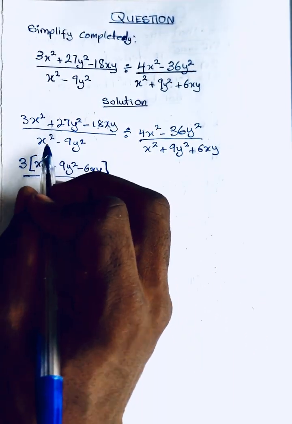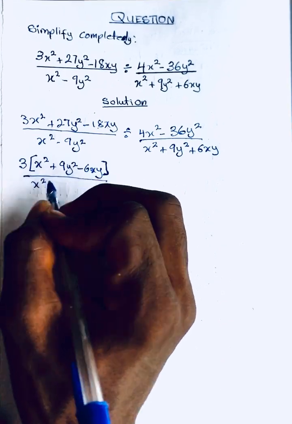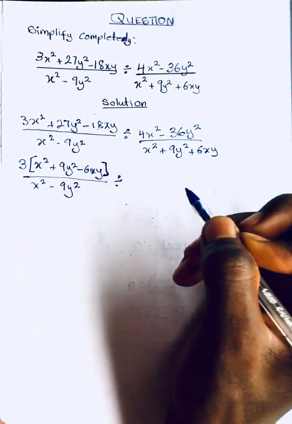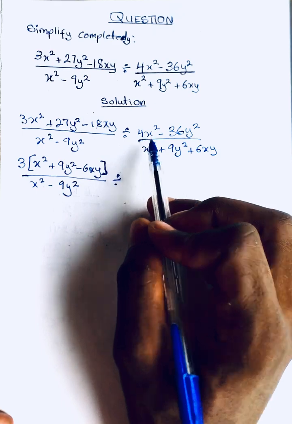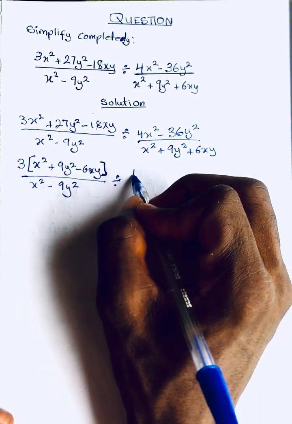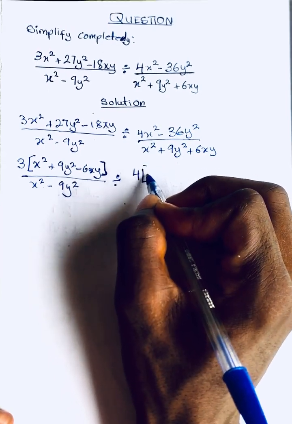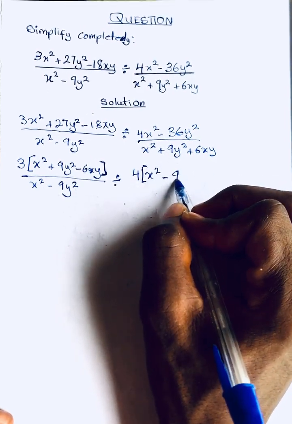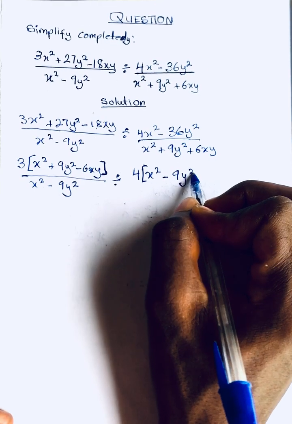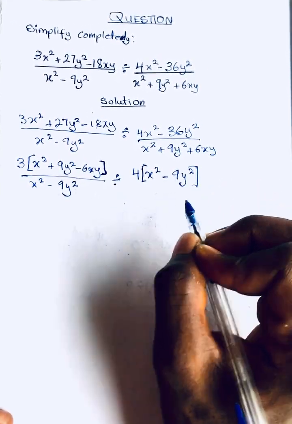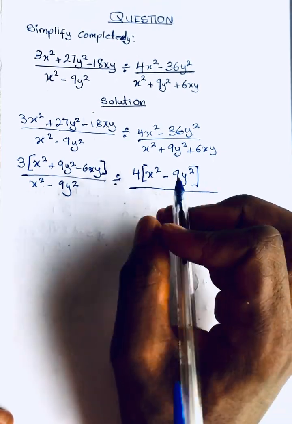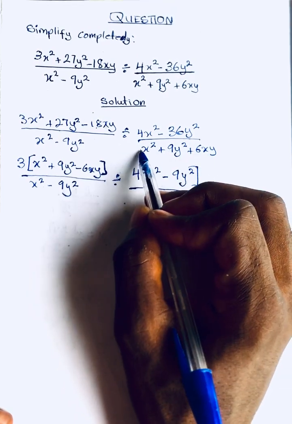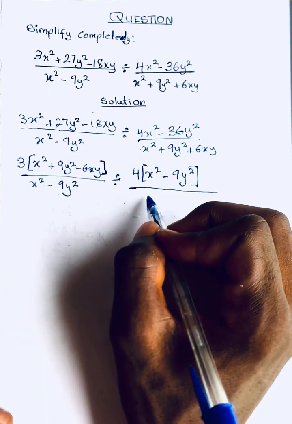All over this one, it will be the same, x squared minus 9y squared, divided by, here we can factor out 4, so it will be 4 into bracket x squared minus 9y squared, all divided by, this one we don't have anything in common, because 9 and 6 have something, but here there's nothing, so we cannot factor out anything.